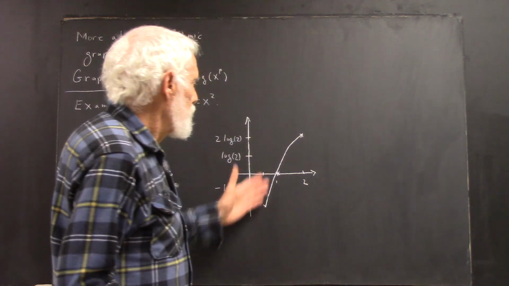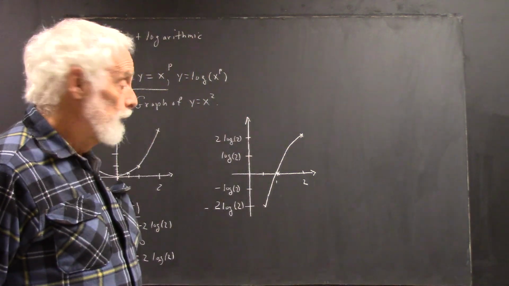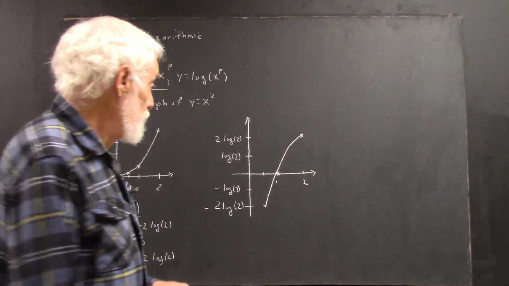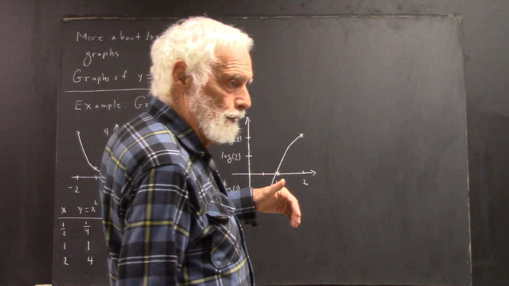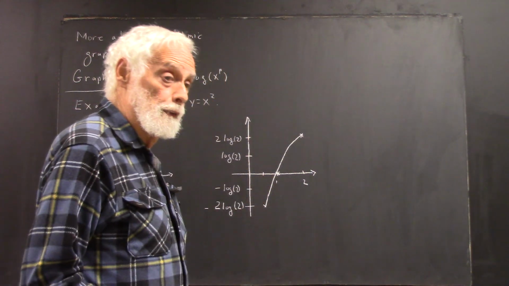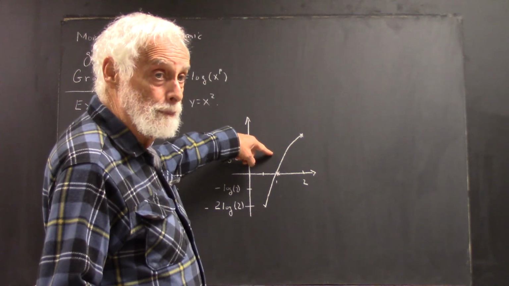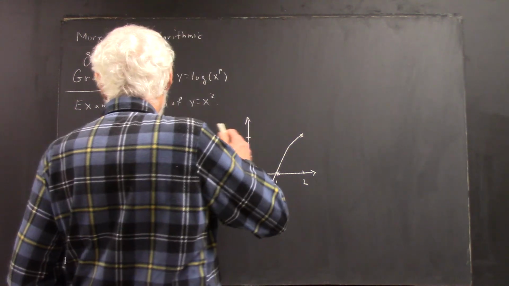Okay, what other graph do we know that curves concave down? Well, the log graph curves concave down. It's also asymptotic to the negative y-axis, and it turns out this is just a multiple of our basic log graph. Okay, so let's see why that is.